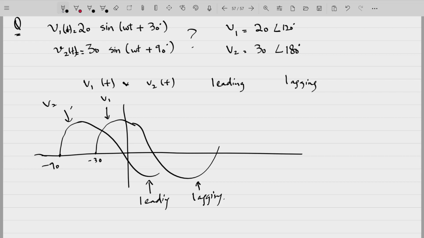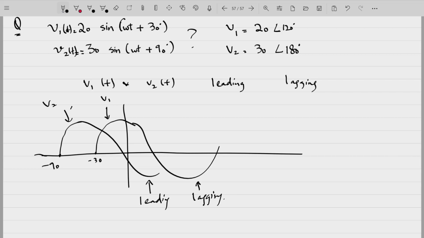फेज से आप you have to take them as a reference of each other. So if you take, say for example, v1 is somewhere here, let v1 be in this direction. v1 is 20 sine of omega t plus 30.